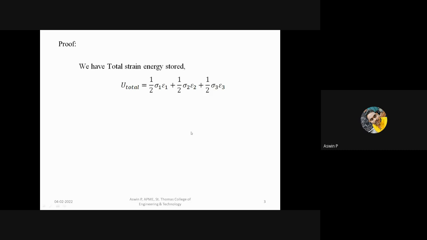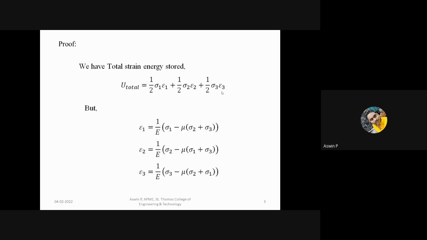So here there is a triaxial stress system. That's why your equation becomes U total equal to 1 by 2 sigma 1 epsilon 1 plus 1 by 2 sigma 2 epsilon 2 plus 1 by 2 sigma 3 epsilon 3. This is the basic equation you have studied before also.